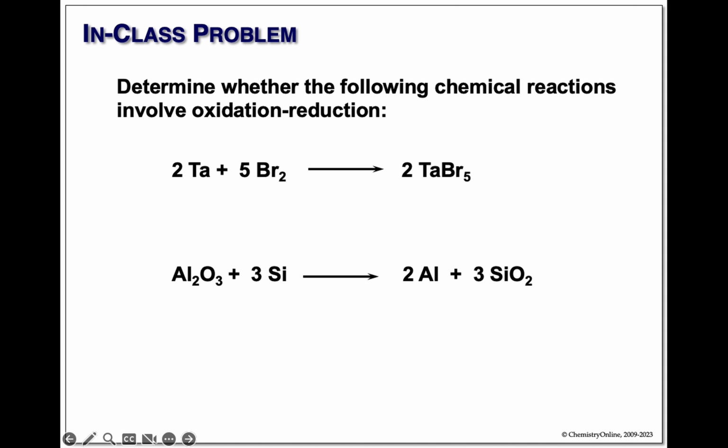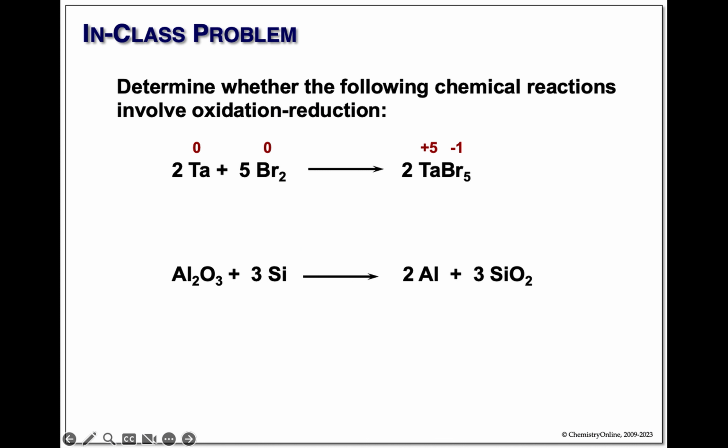We'll do the first one together. Tantalum is an element, so is bromine. They're zeros. Bromine is a halide. It'll be -1. We have 5 of them. Tantalum must be +5.